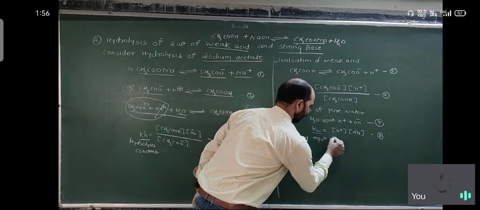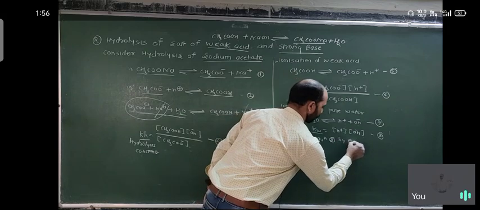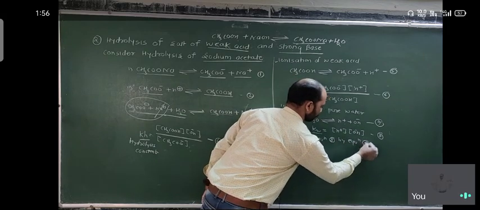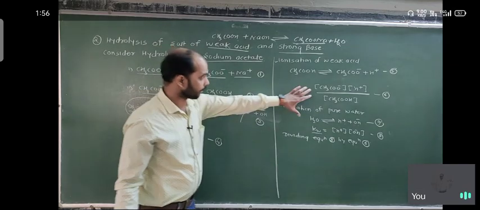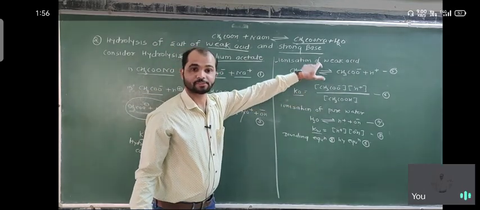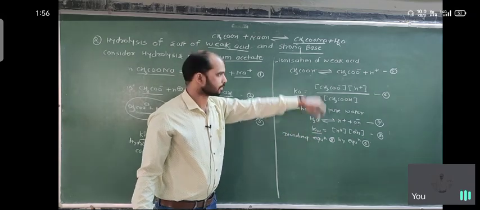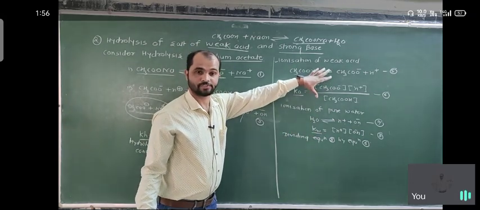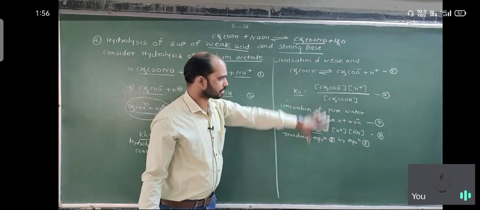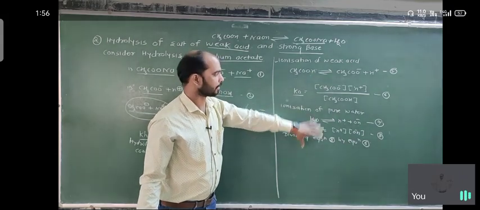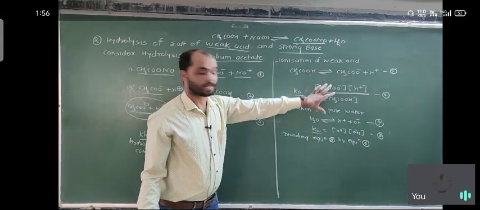We divide equation 8 by equation 6, because here ionization takes place in water, meaning water also ionizes, and acetic acid, the weak acid, also ionizes. So we consider both, divide each other, and consider the resulting product.